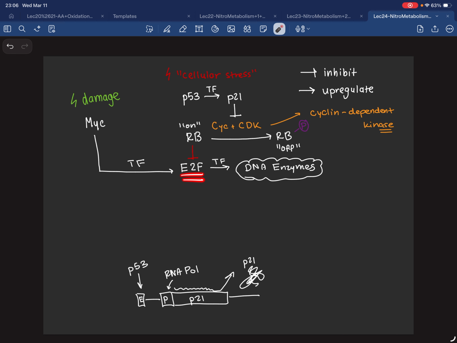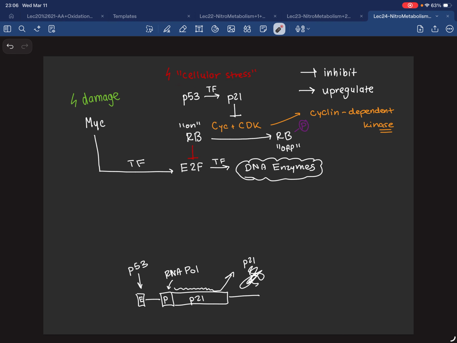And if more of this is made, let's say this is not here because the cyclins are working, more of this is made, more of this is made. So Myc actually speeds up cell division. p53 slows down cell division, responding to different kinds of damage.